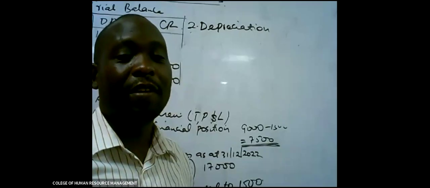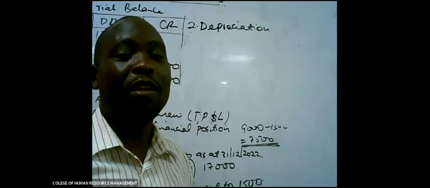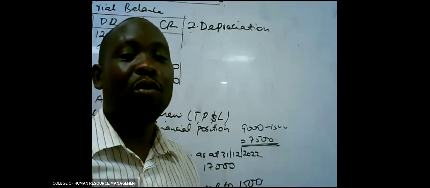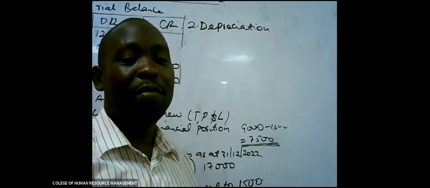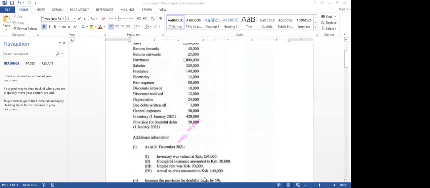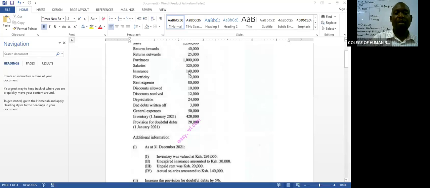Regardless of how you are going to treat it, if you look at it as actual and you treat it as actual, then it simply means that if the actual is 140, the way they have said, but here you have the salary expense of 320.